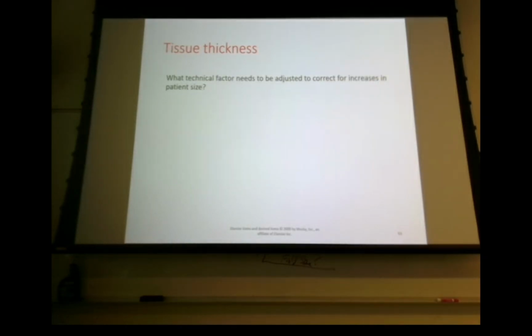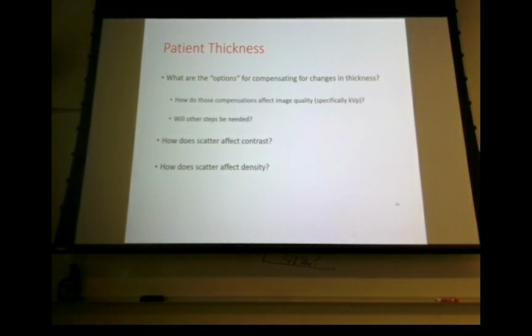All right. So again, mAs is our technical factor that we want to change with thickness. kVp and mAs, either one can be used to compensate for changes in tissue thickness. mAs is still your preferred. kVp will work just as well.